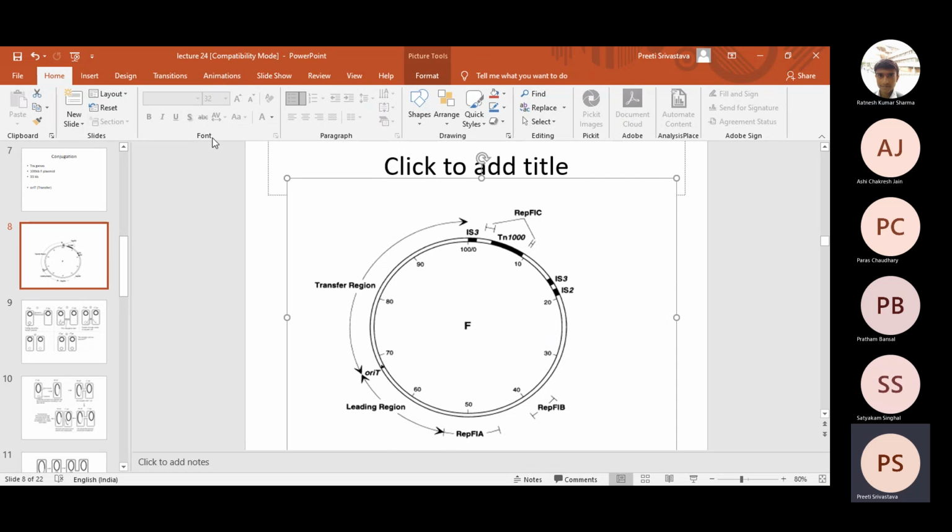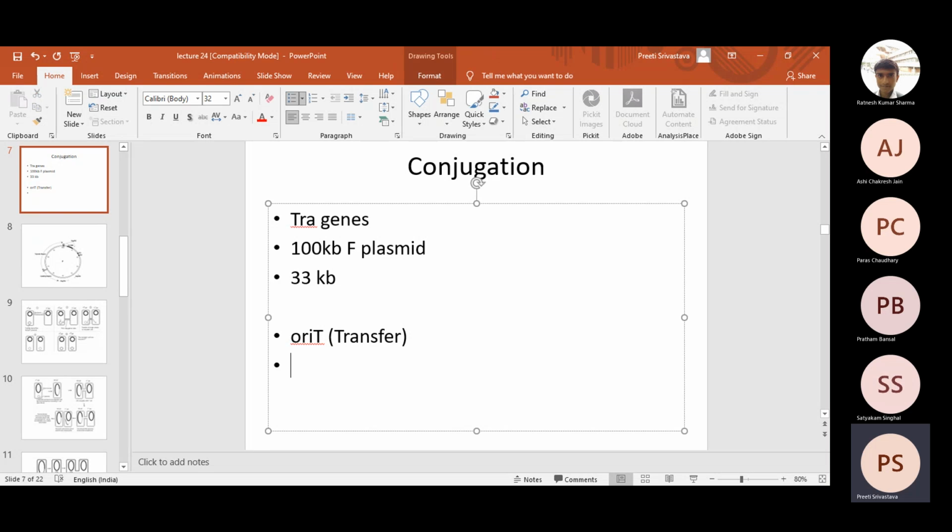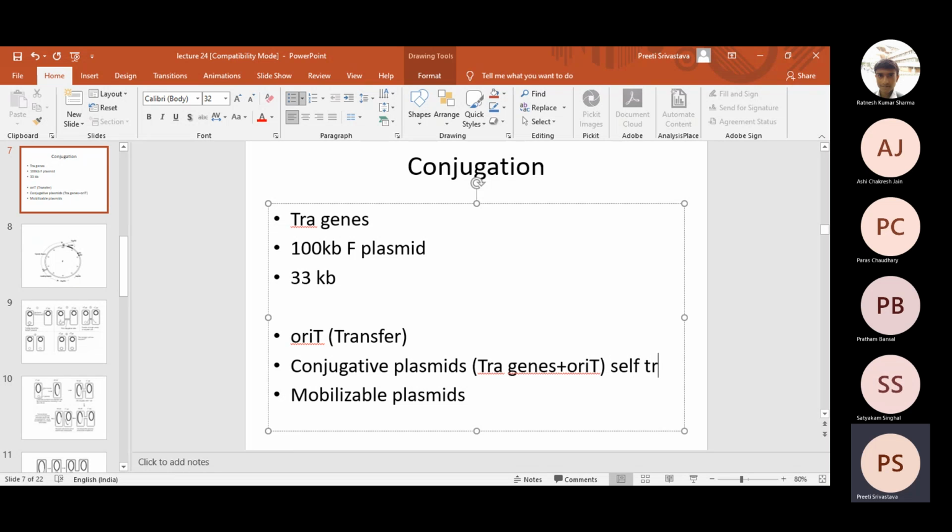Okay, okay. So on the basis of this, plasmids can be classified as conjugative plasmids, or the second category, mobilizable. Conjugative plasmids are the plasmids which carry all the TRA genes plus ORI-T, and are self-transmissible.